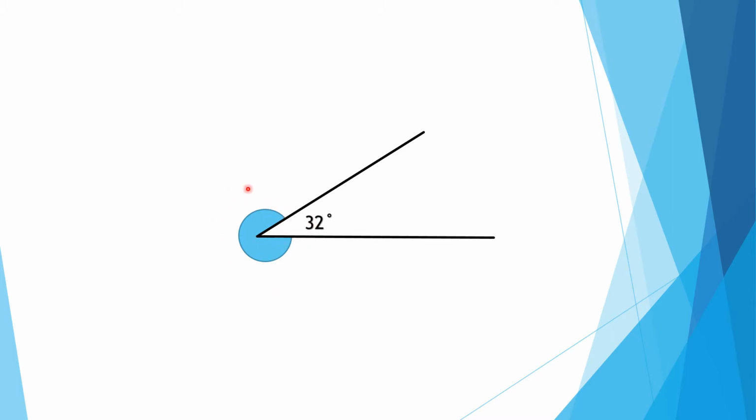Can you remember the size of a whole revolution? Yes, it's 360 degrees. So, can't we find the size of this reflex angle using 360 and 32 degrees? Yes, the size of this reflex angle can be found by subtracting 32 degrees from 360 degrees. So, it's 328 degrees.